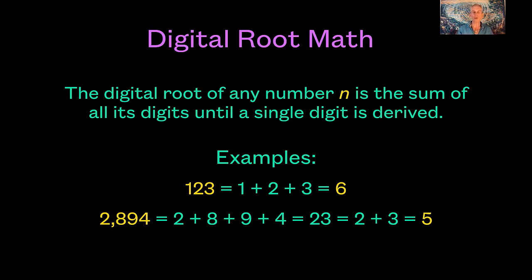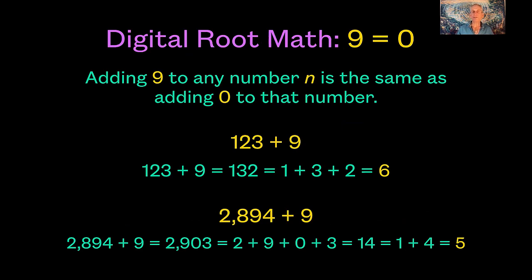So there are 2 iterations of this process required in some numbers, and sometimes more. Okay, so that's what digital root math is. The other thing that you have to know is that the number 9 and the number 0 are equivalent in digital root mathematics.